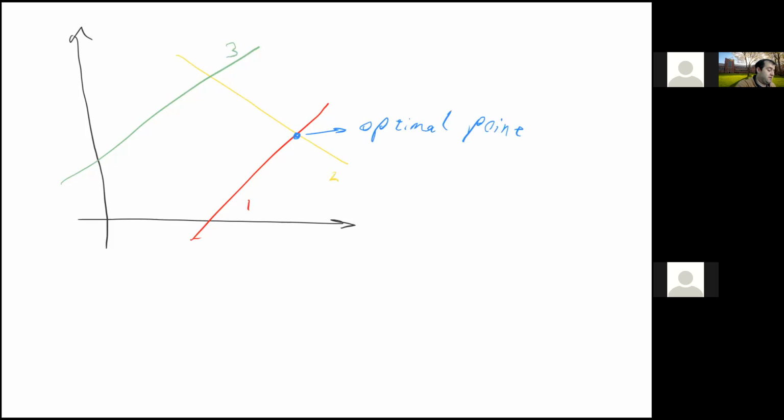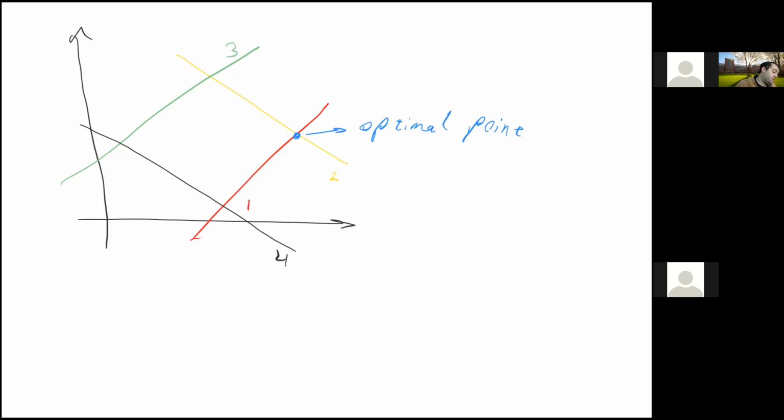Yes, because they are contributing to the point that is our optimal solution. Let me draw another one. Here, number 4 and number 3, the black and green lines, are not contributing, so they are not binding.